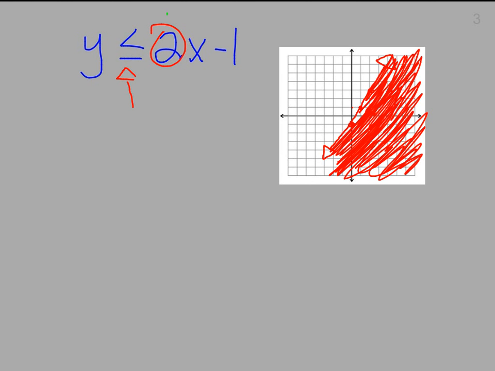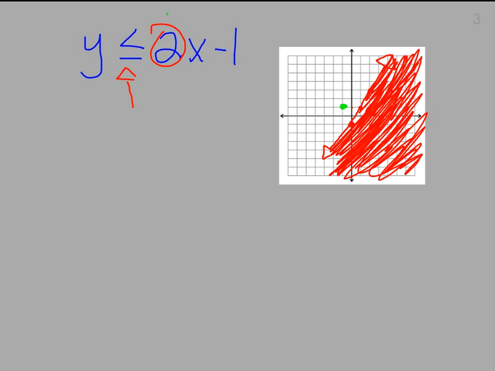Okay, the next thing you want to do is choose a test point. I pretty much can tell that the origin is not in the shading, but since it's kind of close, I'm going to choose the point -1, 1, that one right there. I can tell for sure that that's not in the shading.